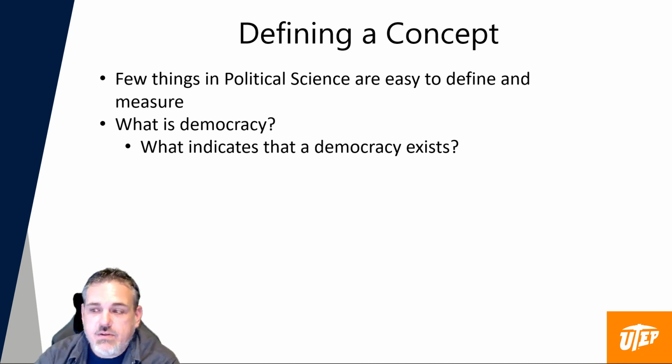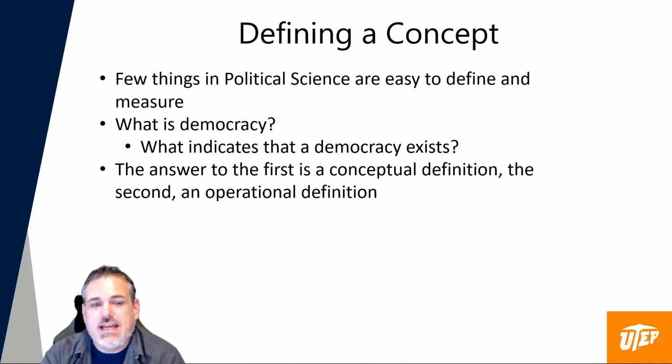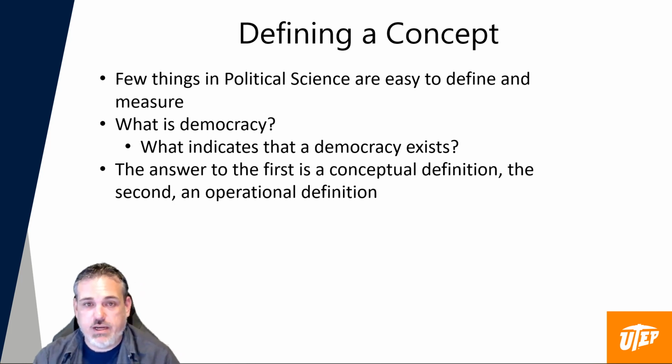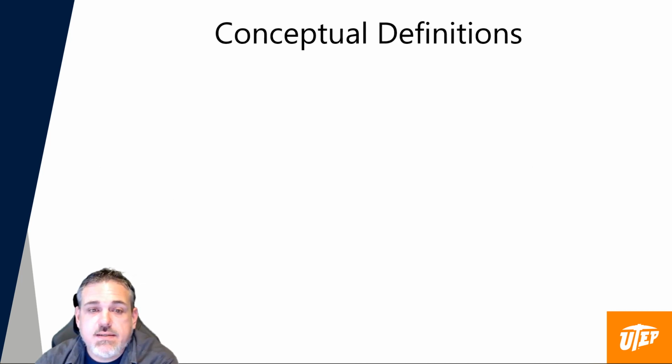The answer to the first question, what is democracy, would be what we call conceptual definitions. The answer to the latter question, how would we identify or indicate that democracy actually exists, that is an operational definition. And those two pieces of defining a concept are necessary to move forward in research methods in political science.